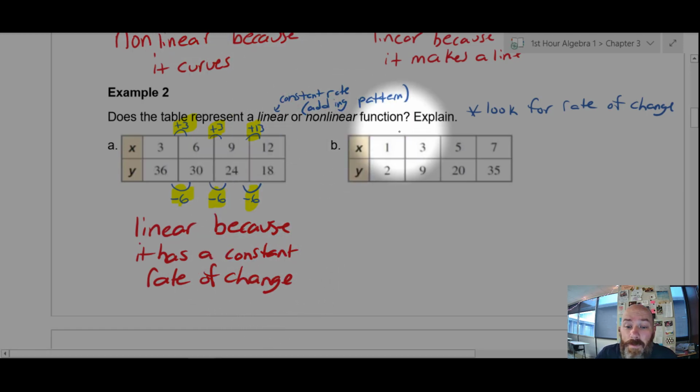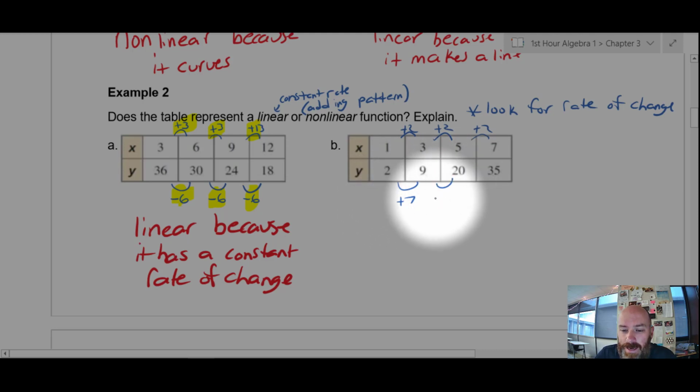Let's look at example B. From 1 to 3, I'm adding 2. From 3 to 5, I'm adding 2. And from 5 to 7, I'm adding 2. From 2 to 9, I'm adding 7. 9 to 20, I'm adding 11. 20 to 35, I'm adding 15.